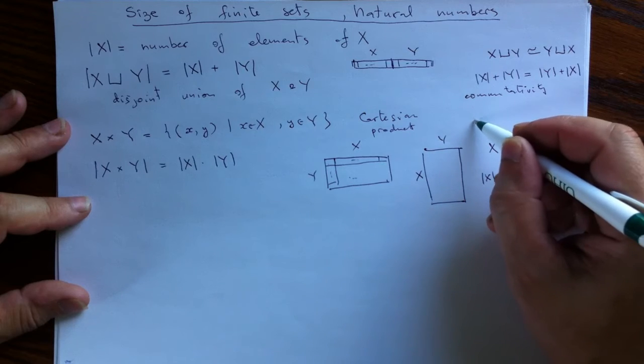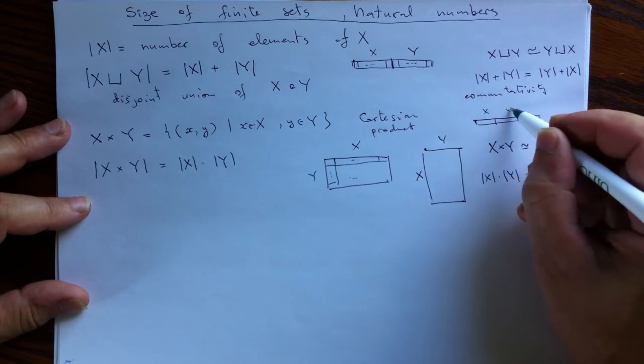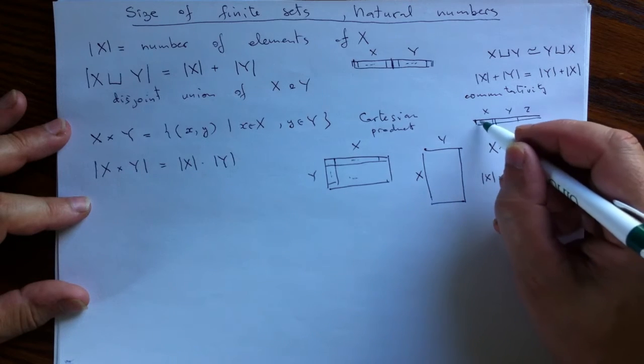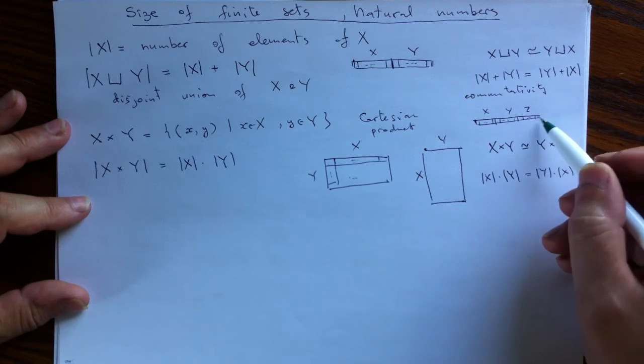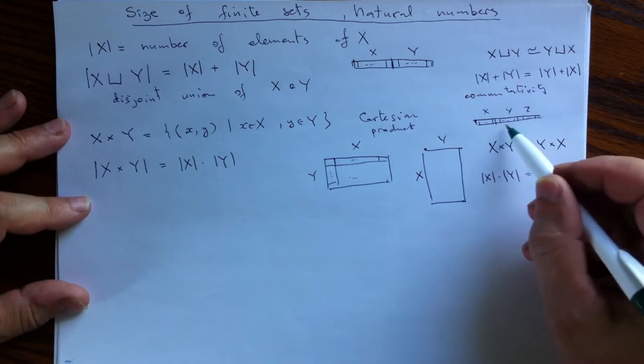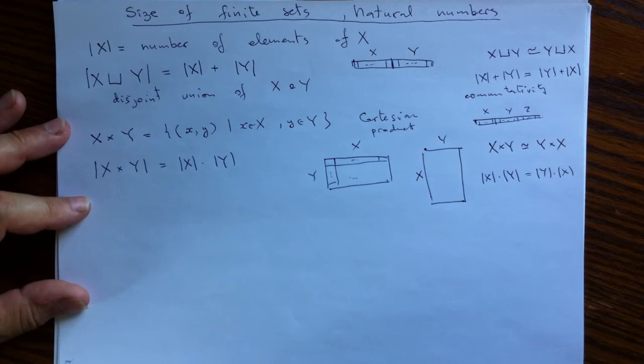Well, back to addition. Addition has another property, which is called associativity, and if you look into what it means, it's really taking three sets, say x, y and z, and putting them together in this straight line arrangement. You could do it in two ways: you could first glue together y and z, or you could first put together x and y and then continue with the last one.